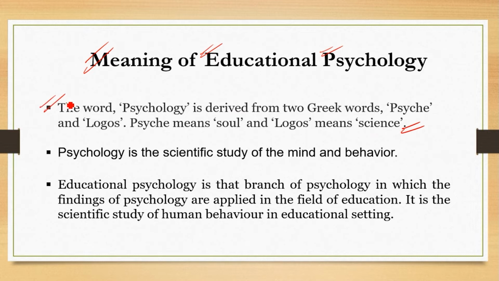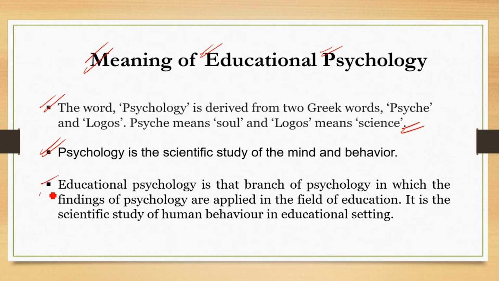Okay, so this is the literal meaning of psychology, and later it was reframed to be understood as the scientific study of mind and behavior. The literal meaning was science of soul or the study of soul, but later it was redefined as the scientific study of the mind and behavior.